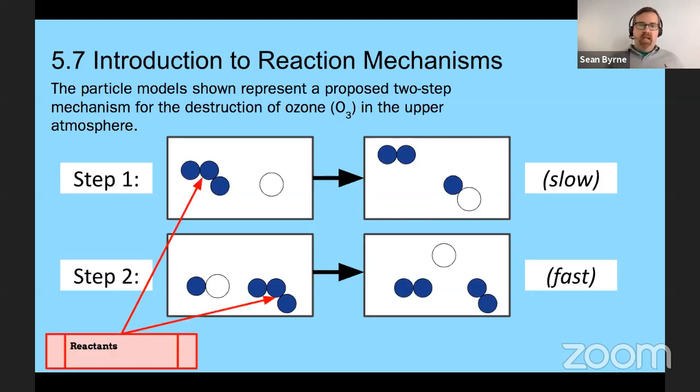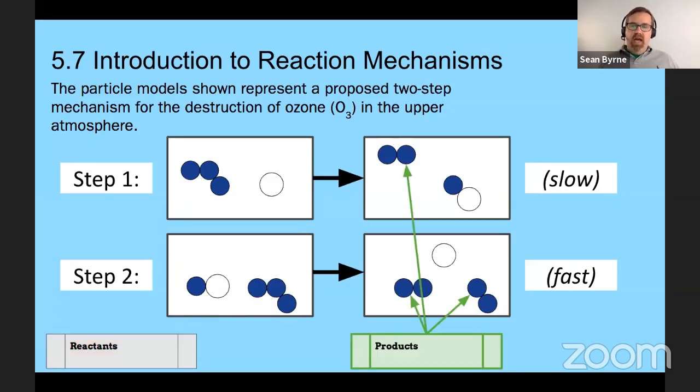We're pretty comfortable identifying that in both of these steps, we have reactants. Okay, so that's ozone, O3, 3 oxygens that are together. They are the substances that appear only on the left-hand side of both of the steps, right? And then similarly, we could look at all of this O2 over here, and we would be able to see those as the products of this overall reaction.